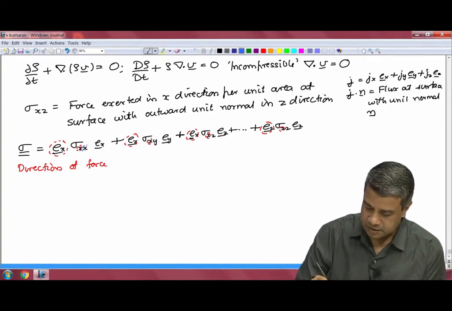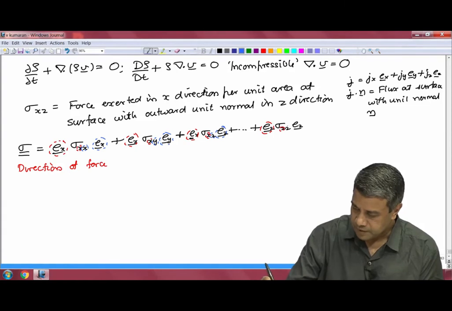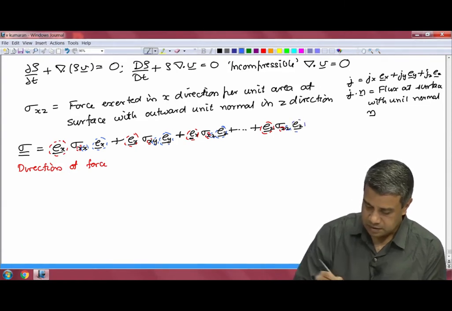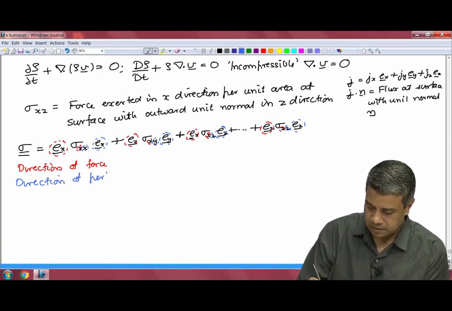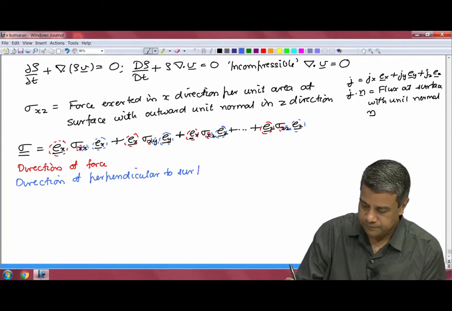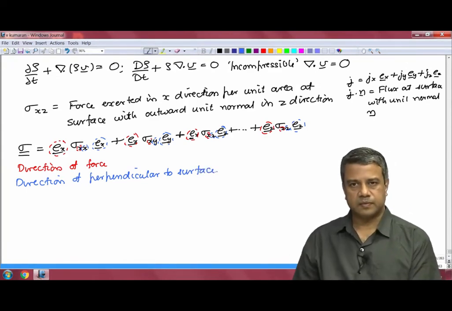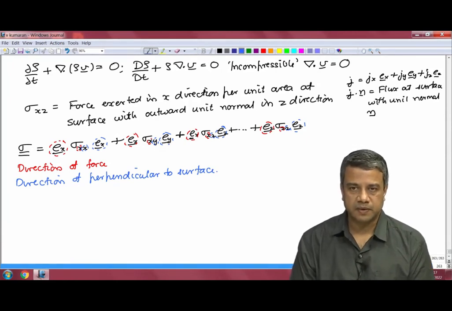The second index, the subscript, and the second unit vector in all of these cases represent the direction perpendicular to the surface, or the direction of transport, because the transport happens perpendicular to the surface.